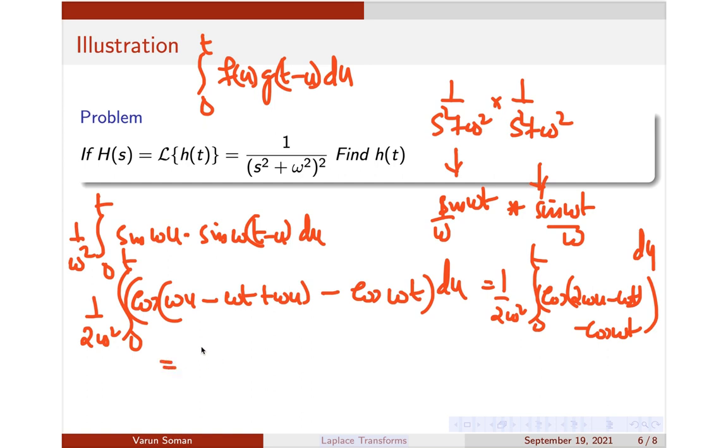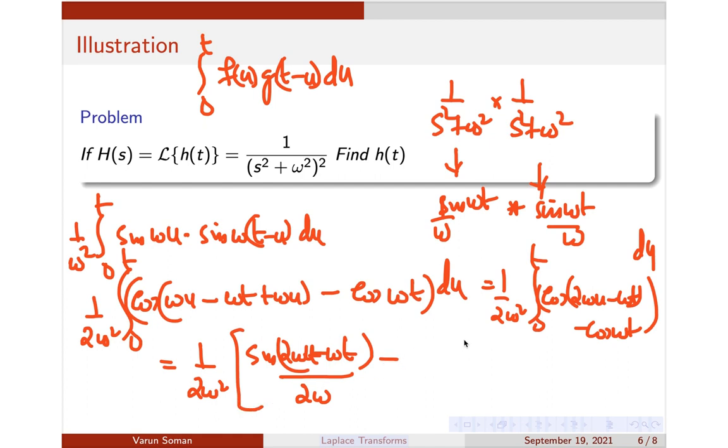It is simply 1 by 2 omega square. Integration of cos is sine, so it is sine of 2 omega u minus omega t, divided by 2 omega. And the second one, remember the variable is u, not t, so you will be getting this as u cos omega t, not sine omega t by omega, because the variable here is actually u.